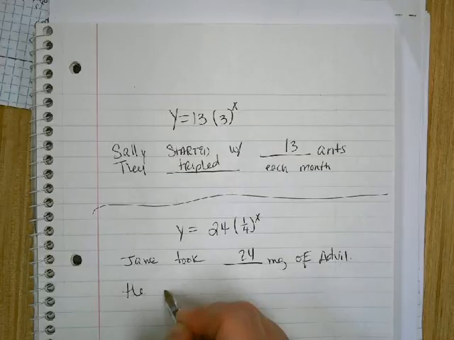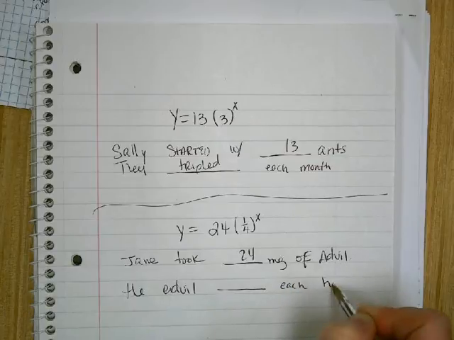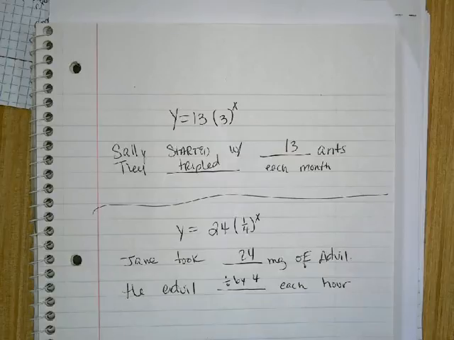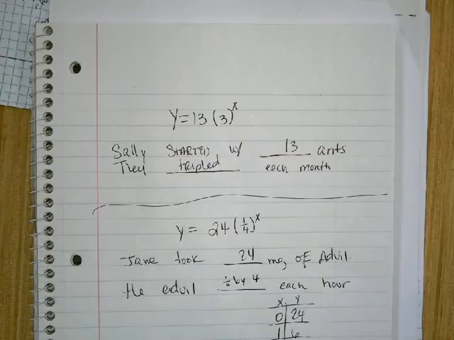The Advil did what each hour? Divided by 4 each hour. So if she had 24 at the beginning, how many does she have at the next? 6. And at the next? 1.5.